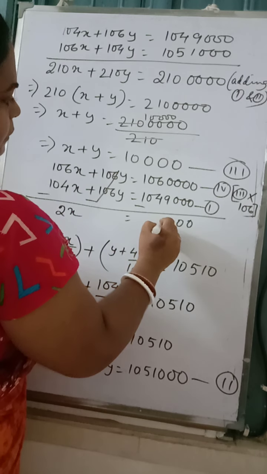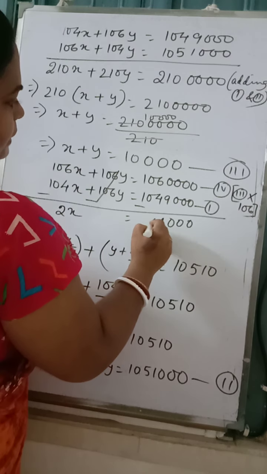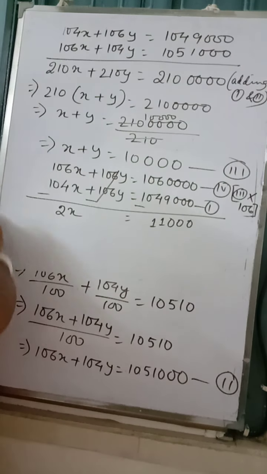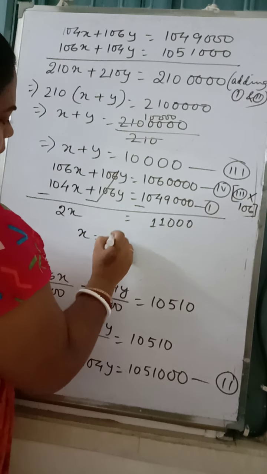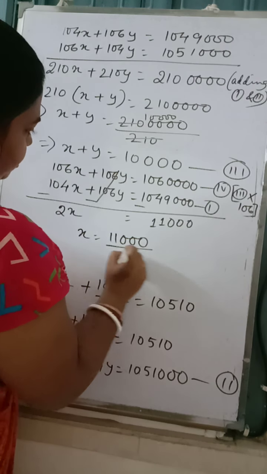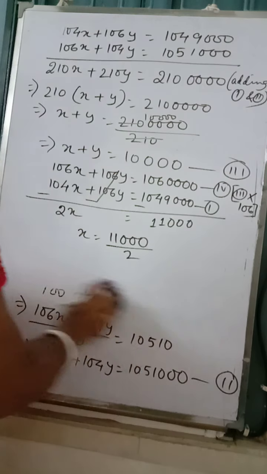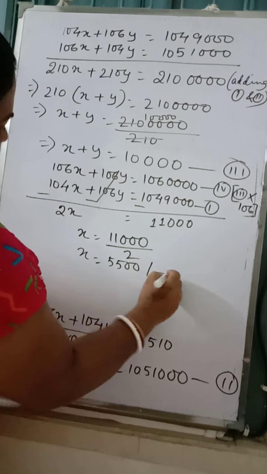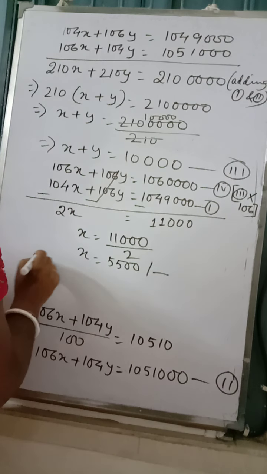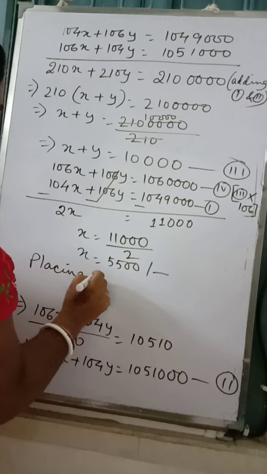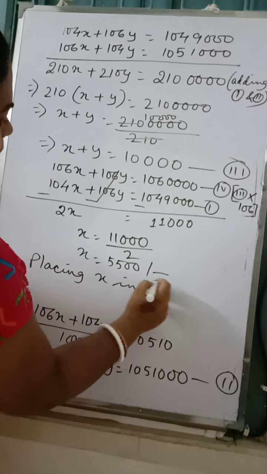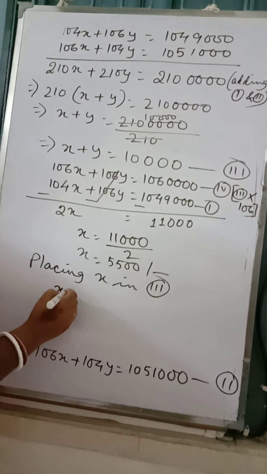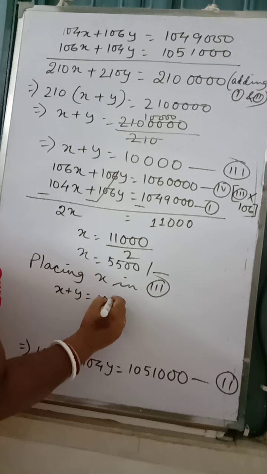10 minus 9, 1. 5 minus 4, 1. 11,000. Or X is equal to 11,000 by 2, or X is equal to 5,500. So placing X in equation number 3, X plus Y we had 10,000.